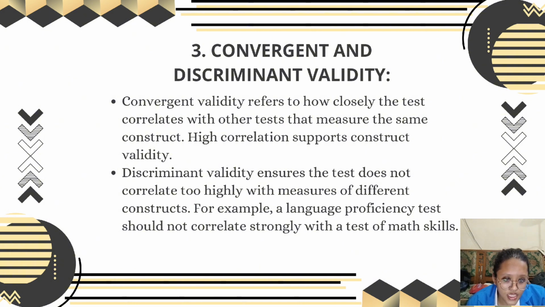Discriminant validity ensures the test does not correlate too highly with measures of different constructs. For example, a language proficiency test should not correlate strongly with a test of math skills.